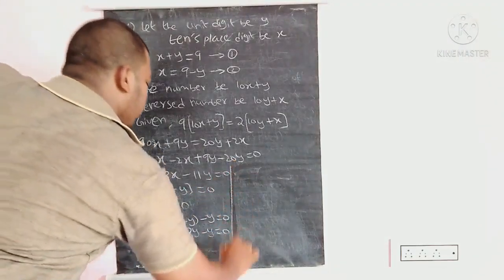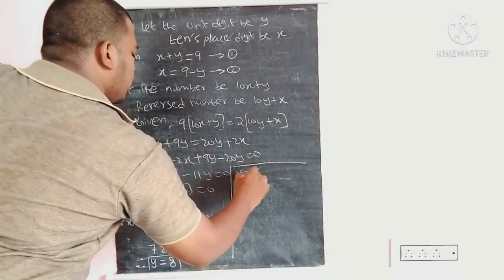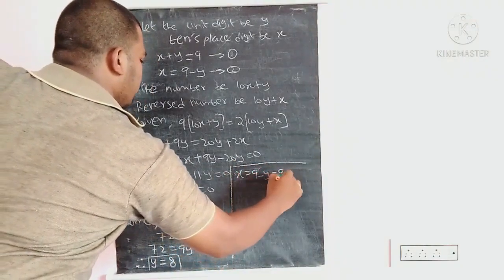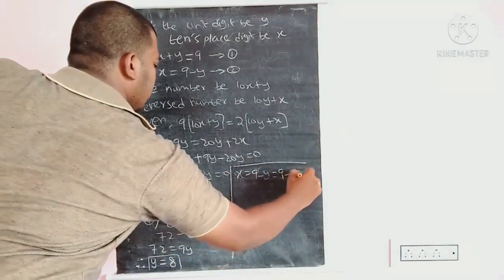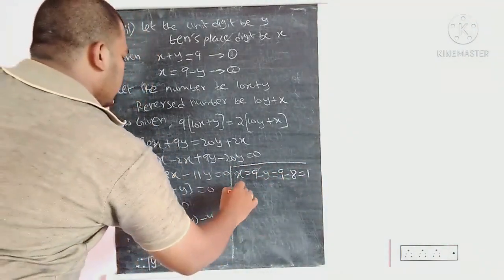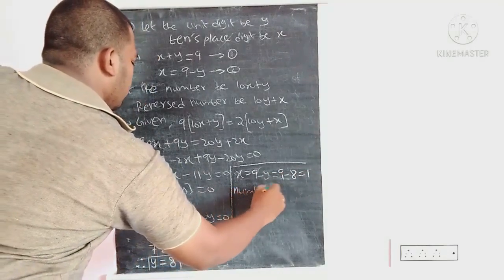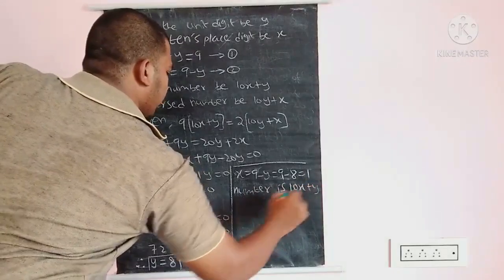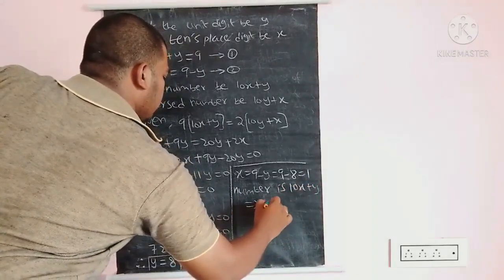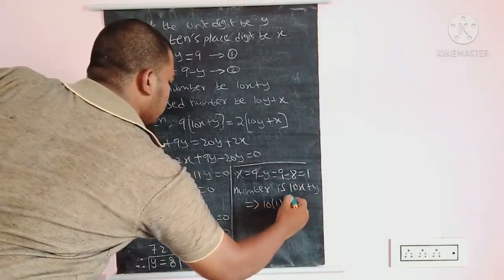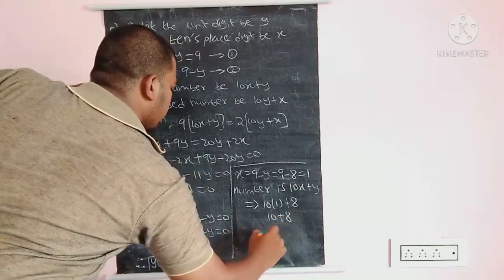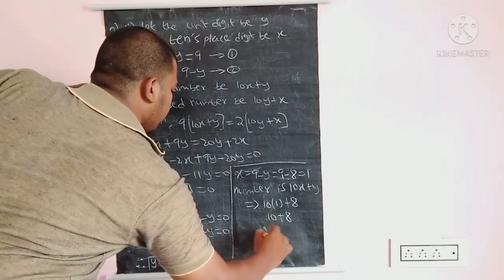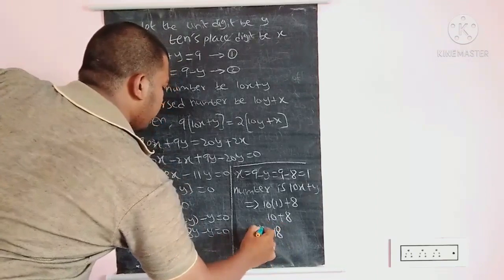And we know that x equals 9 minus y, that is 9 minus 8, which equals 1. So the number is 10x plus y, that implies 10 into 1 plus 8, 10 plus 8, the number is 18.